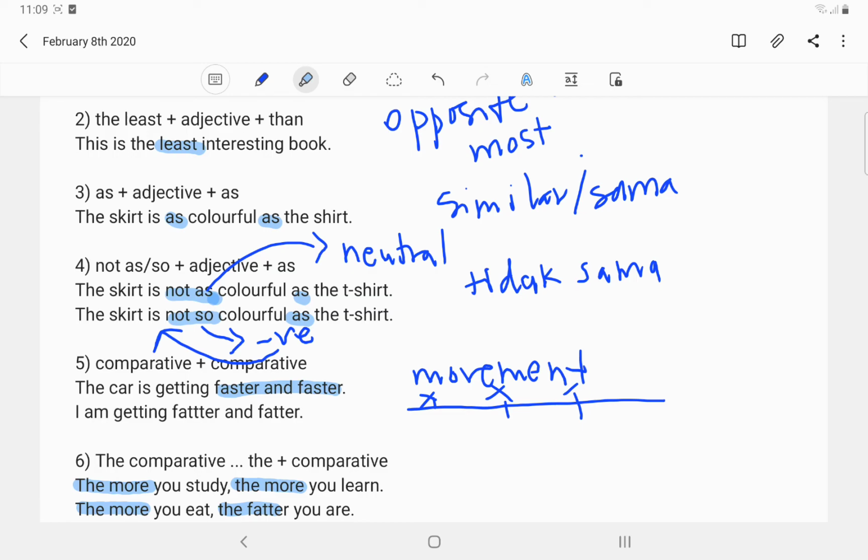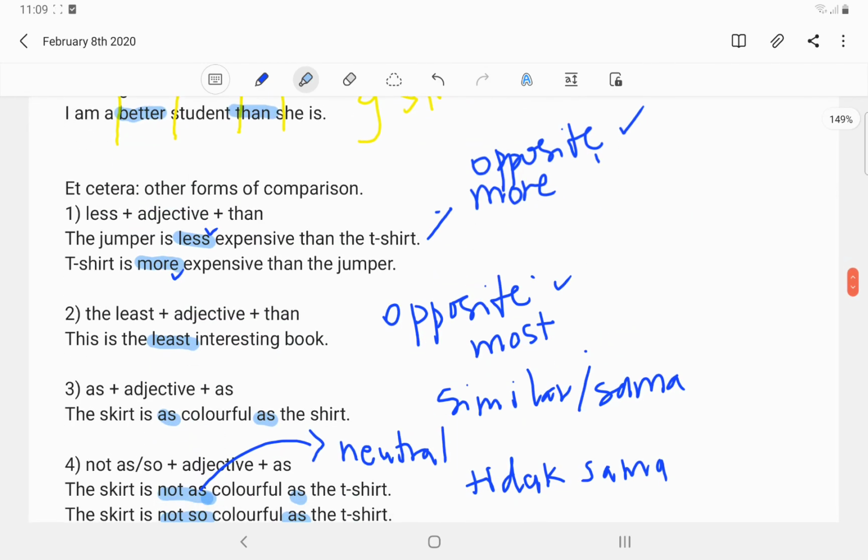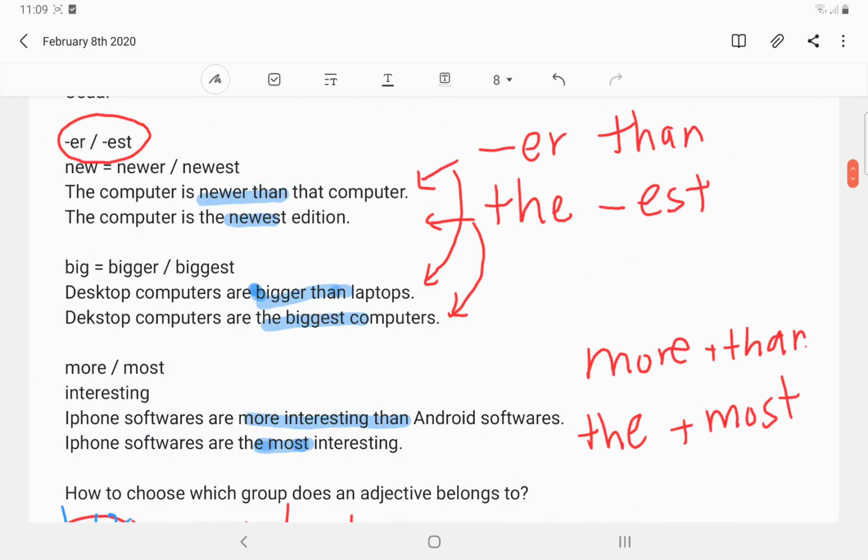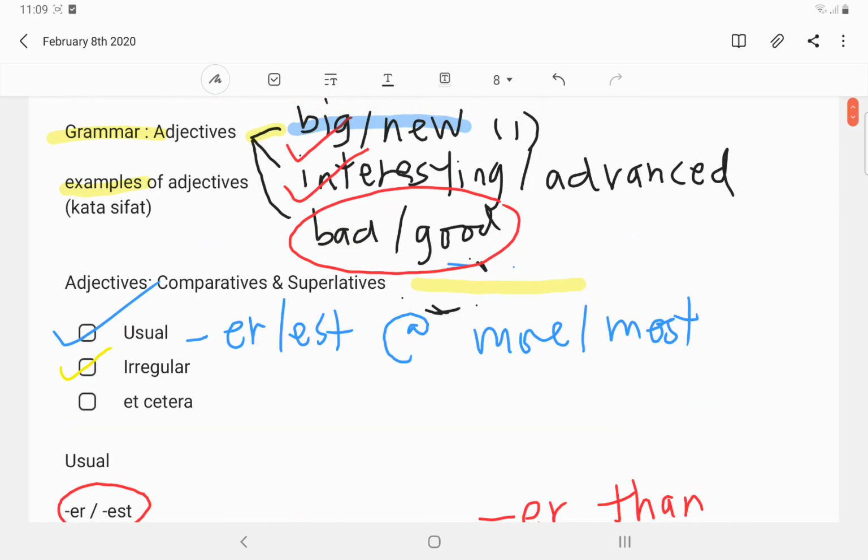So that is the 4 types of adjectives for comparative and also superlative. So we have covered everything. Another tick and then we're done.